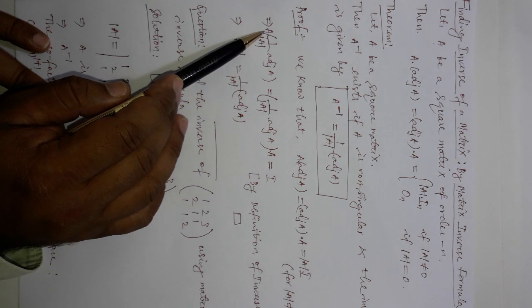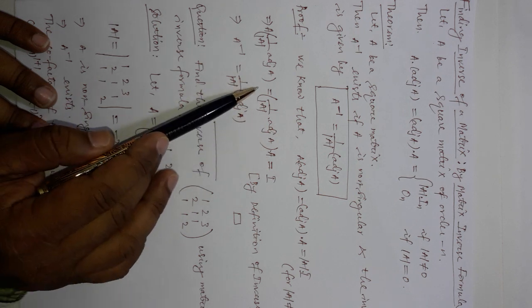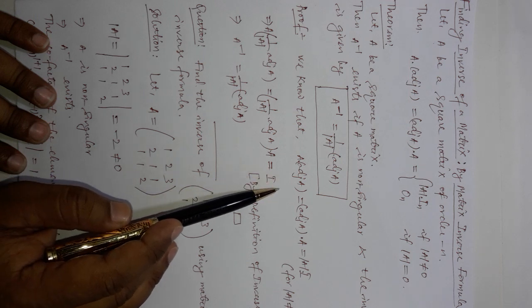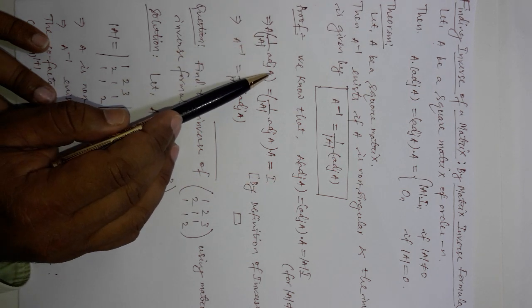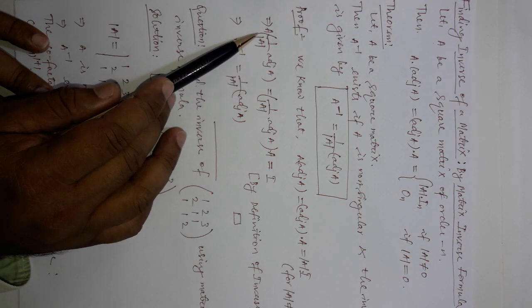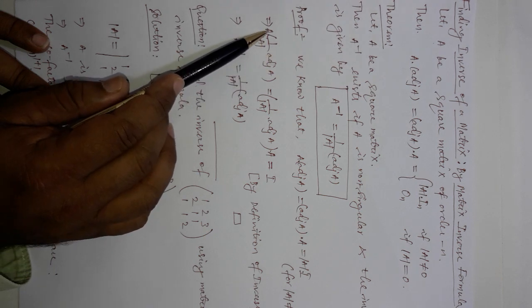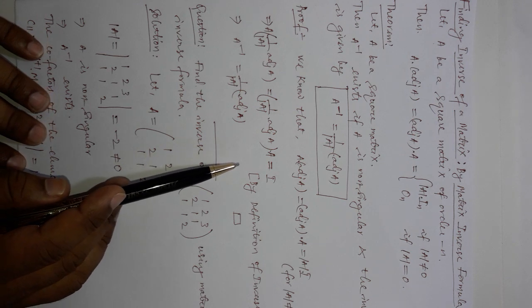As the product of a matrix with another matrix, commutatively equal, also results in an identity matrix, that means these two matrices, A and adjoint of A by determinant of A, are inverse of each other. That means adjoint of A by determinant of A is the inverse of A. So, proved. So, the formula is very simple.